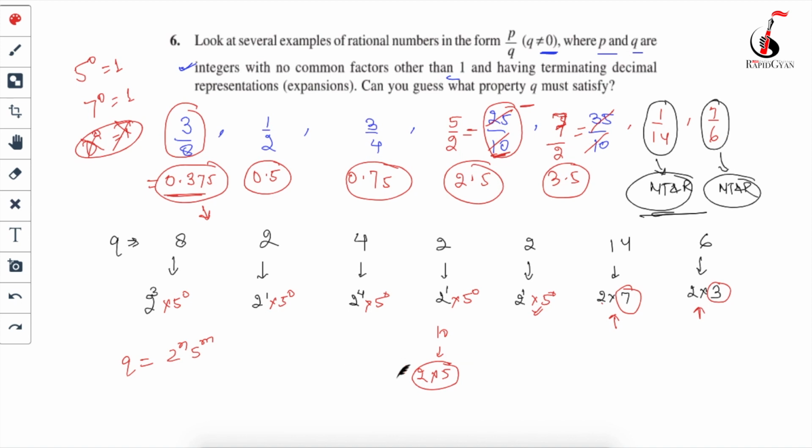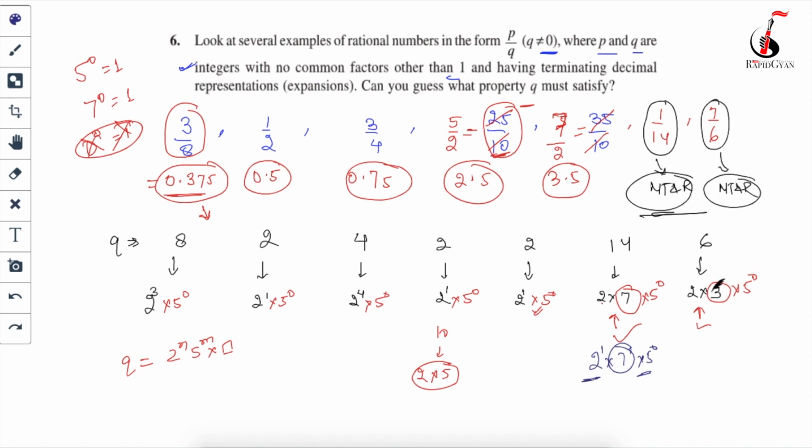But apart from 2 to the power n and 5 to the power m, if you get some other digits like 7, 3, like in this case, because here I can write 5 to the power 0, this will give me 2 to the power 1 times 7 to the power 1 times 5 to the power 0. So here apart from 2 and 5, 7 is also coming.